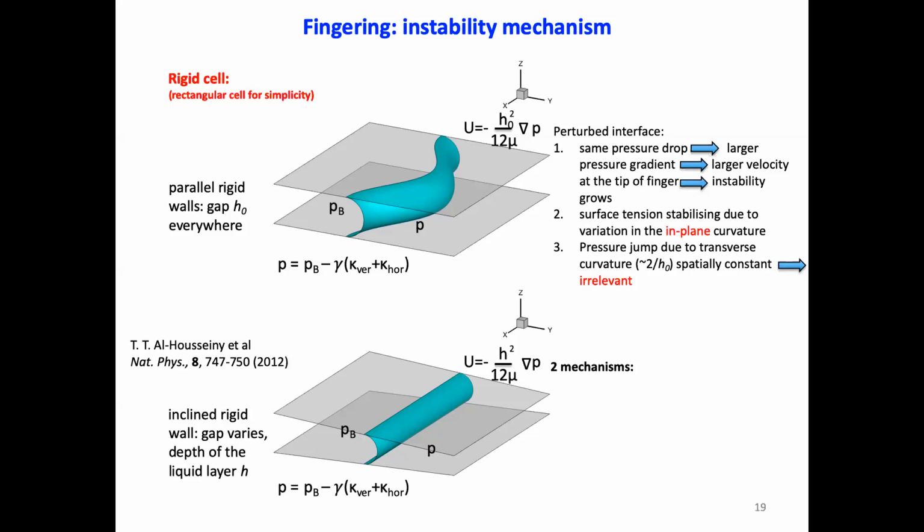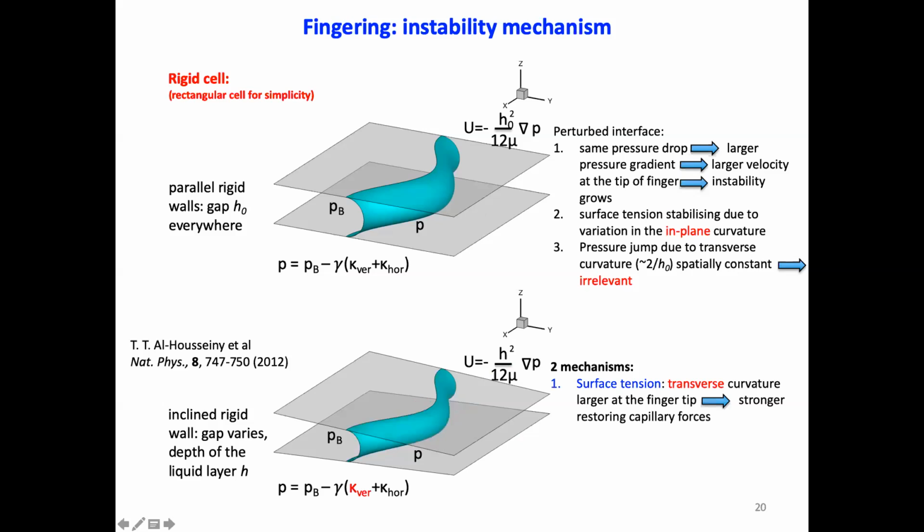That means that we no longer have a constant layer of depth h0 ahead of the interface, but some layer of depth h that varies and in fact decreases as we propagate further into the wedge. So that means that we have two additional mechanisms to help us stabilize the interface.